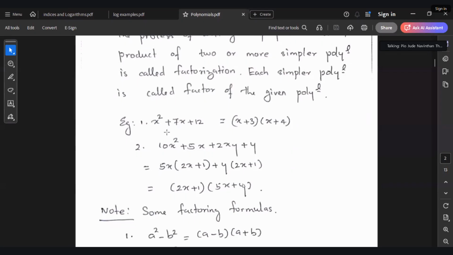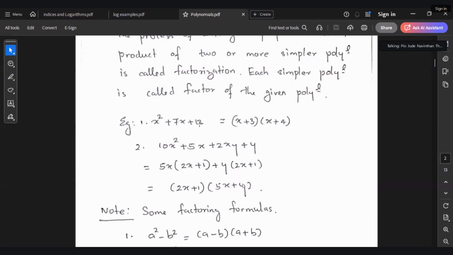See here. X square plus 7x plus 12. This is easily a quadratic format, or a polynomial with degree 2. Factorization means we need to find some simple functions and multiply them so that the product is equal to our function.